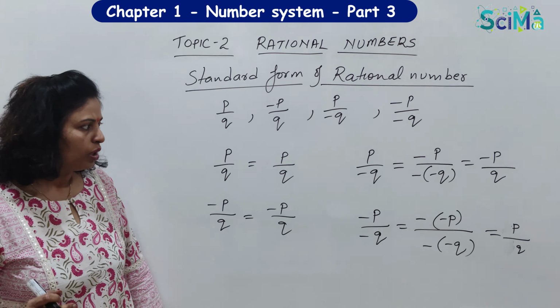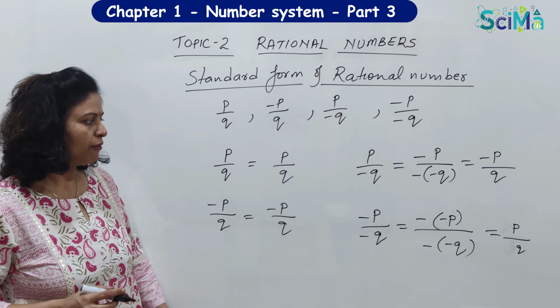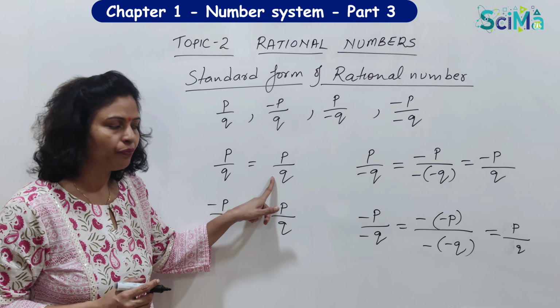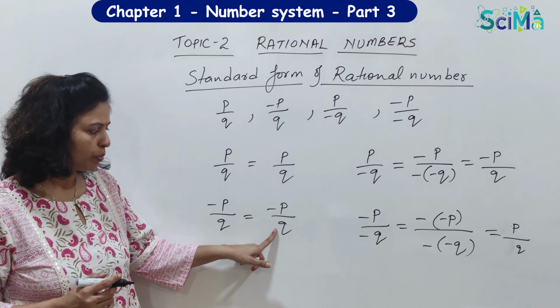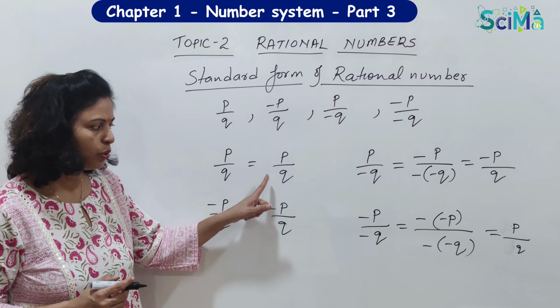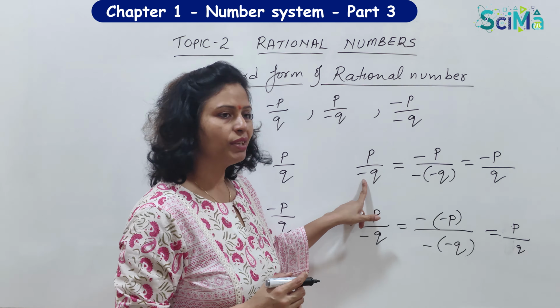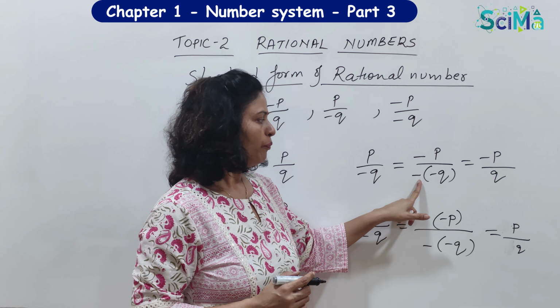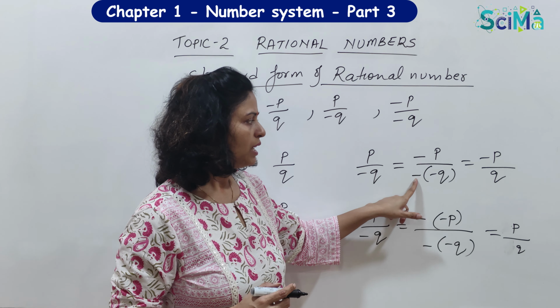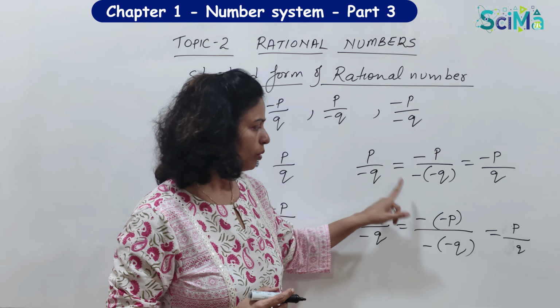So you see that in all the four cases, I have made the denominator positive. Here Q is positive, it was already positive, so we didn't make any changes. But here Q was negative, so I made it positive by multiplying with minus in both numerator and denominator.